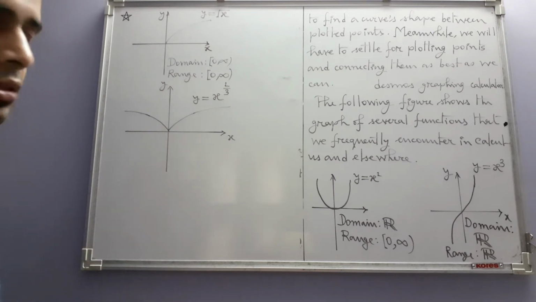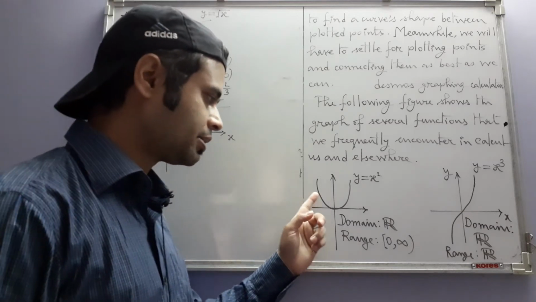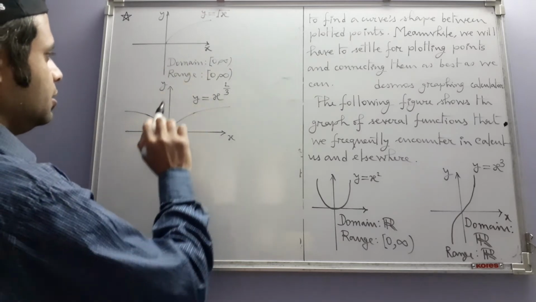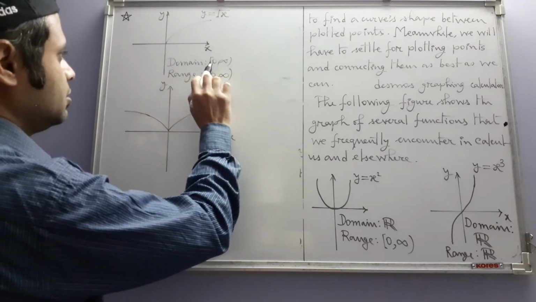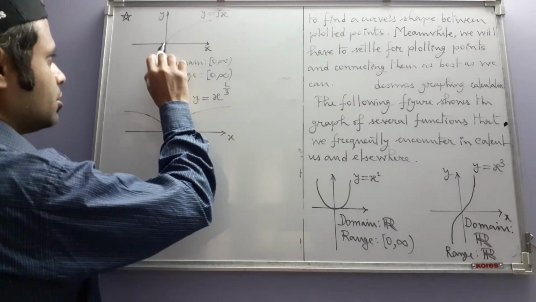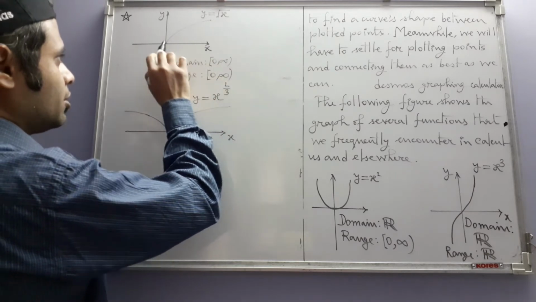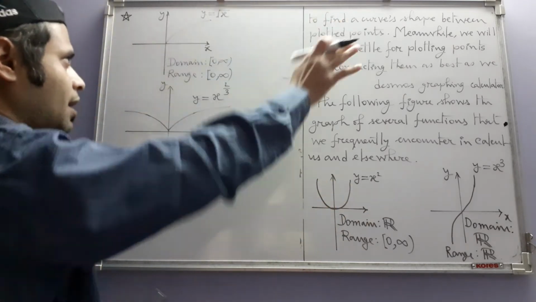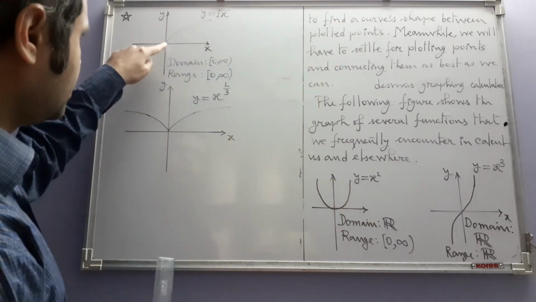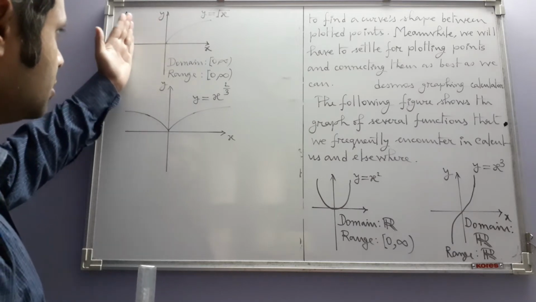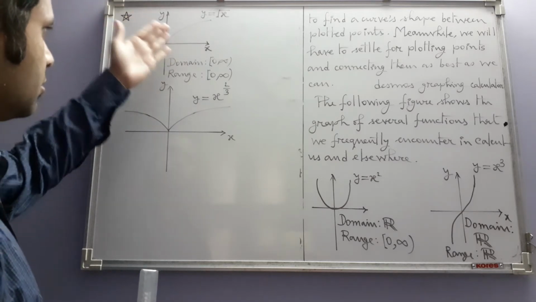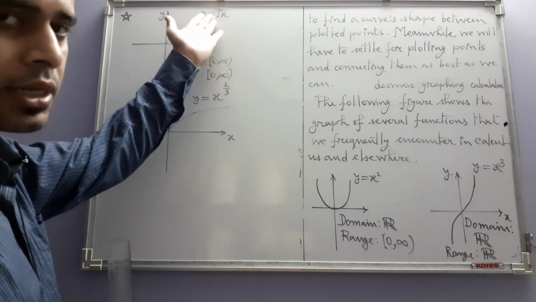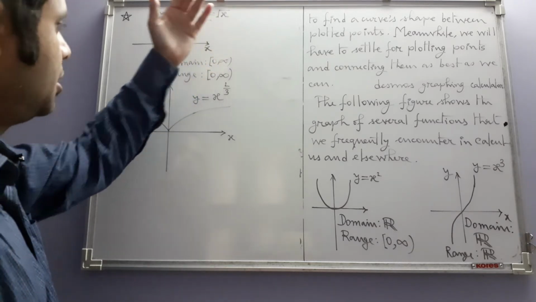You can see many things, not only that they pass through some specific points, but here you see the domain is 0 to infinity, because on this part of the x-axis the graph lies. You can take x equal to 0, but you cannot take these values of x, because then you will have a negative real number inside the square root, and that is not a real number.